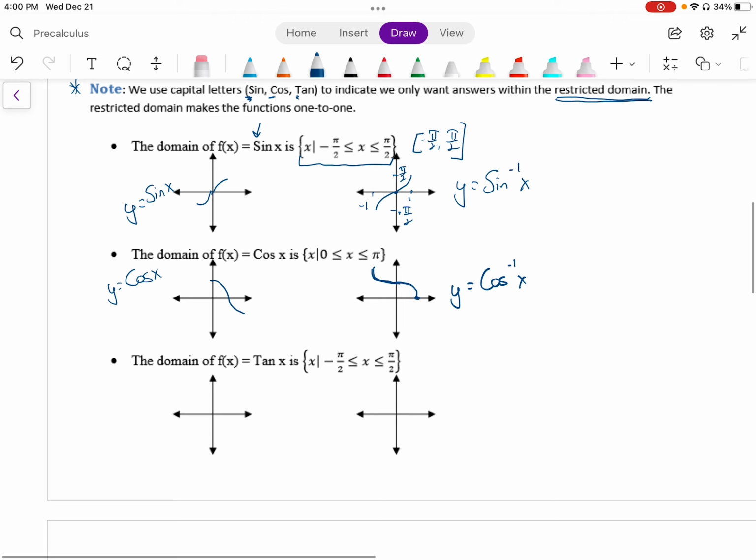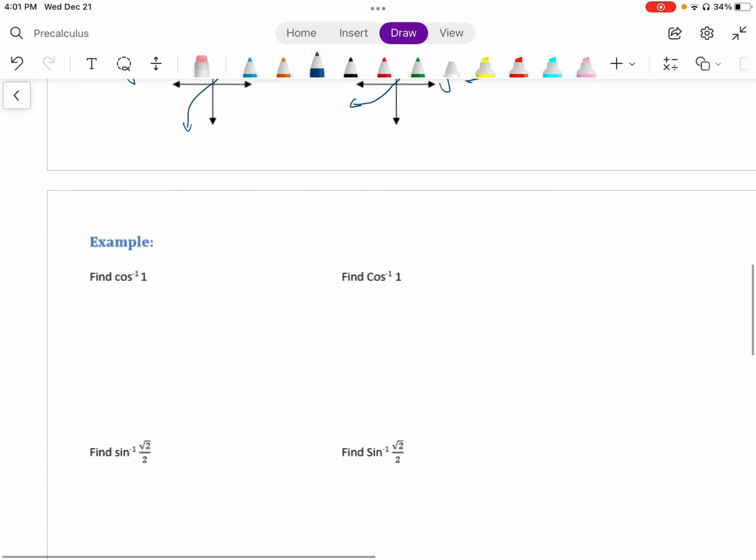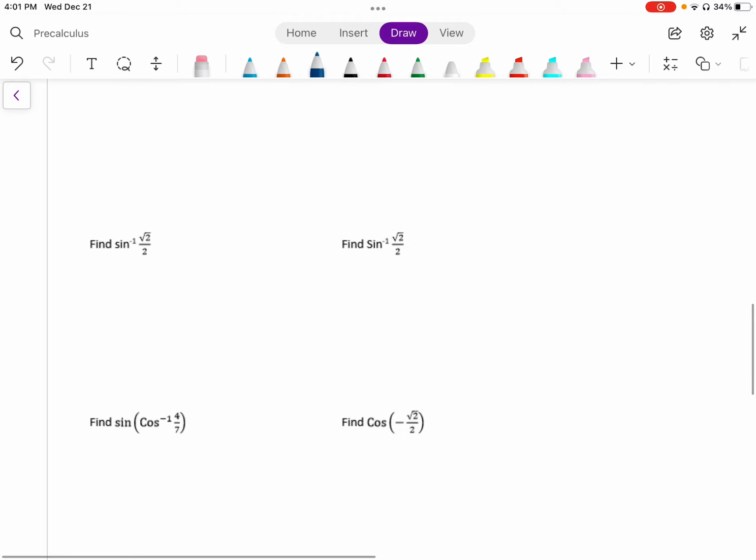And then inverse tangent. Tangent usually has lots of branches and goes on forever, but there is y equals capital T tangent of x. That's our restricted domain. And then y equals inverse tangent with a capital T just looks like this. And so those are the graphs of the inverse functions. So we can call them functions now since we're limiting them to be one-to-one. So there's a few examples here.